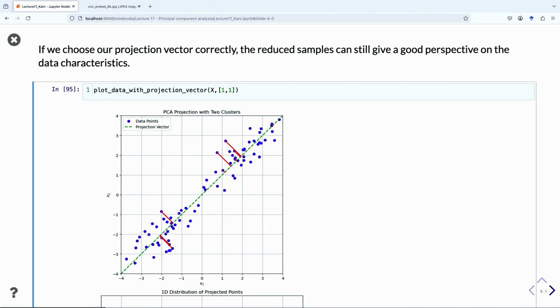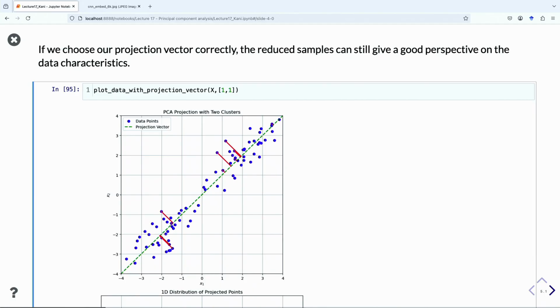If we remember from linear algebra, 2 dimensions is a plane and 1 dimension is a line, right? So when we want to reduce the data from 2 to 1 dimension, we basically take all the points on a plane and represent them as points on a single line. If we choose the line correctly, this might not be too bad.